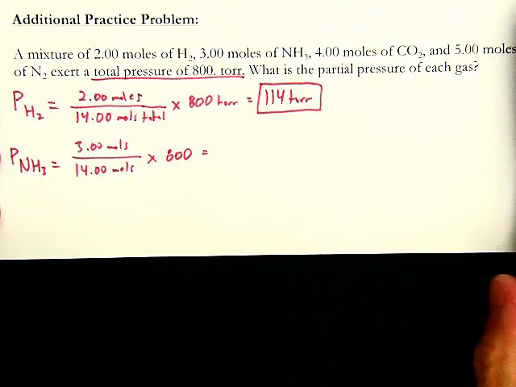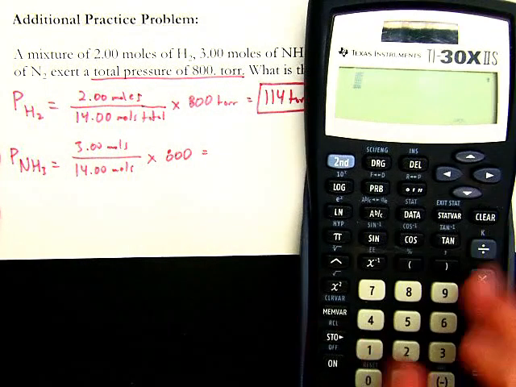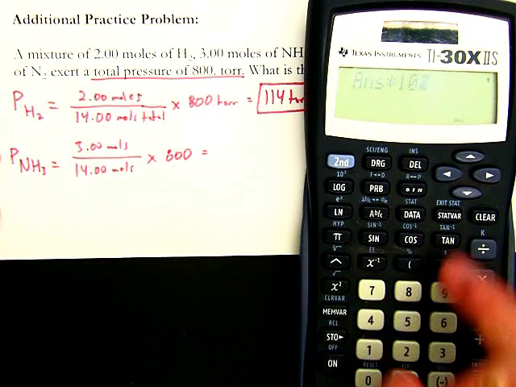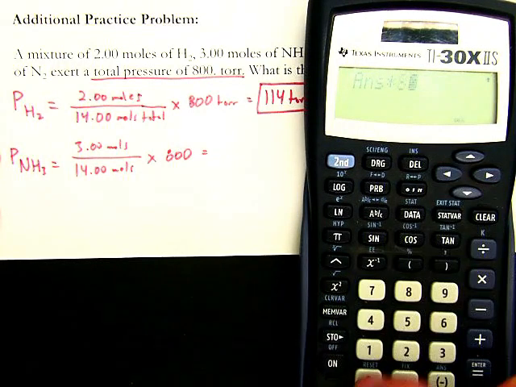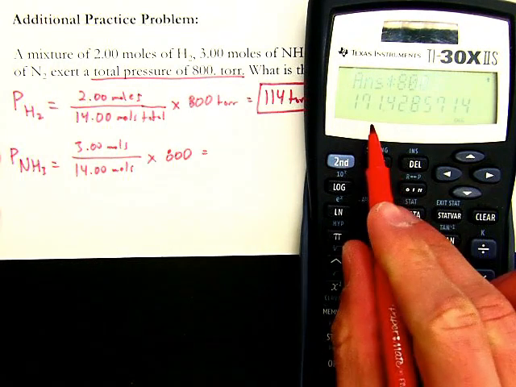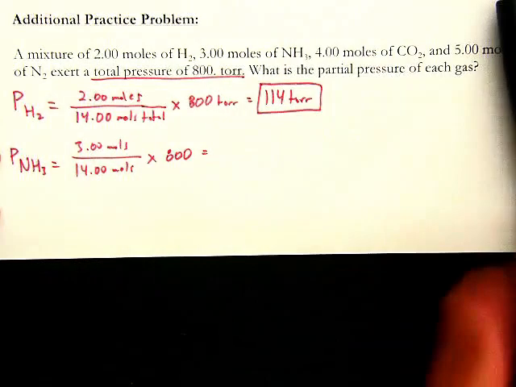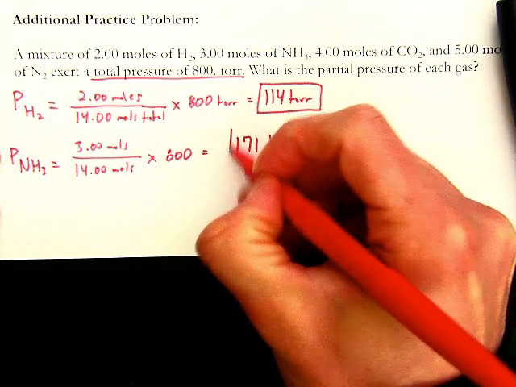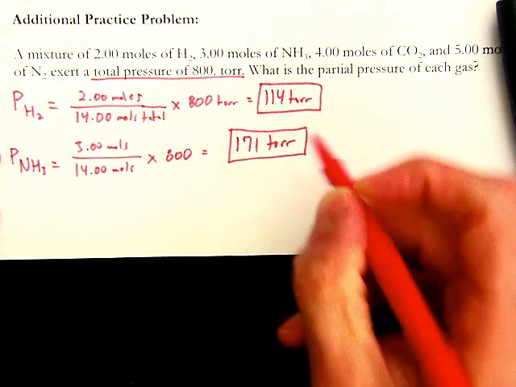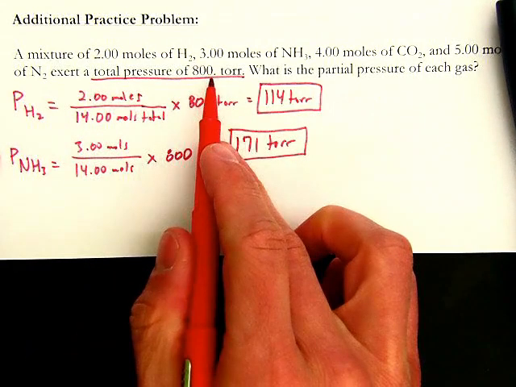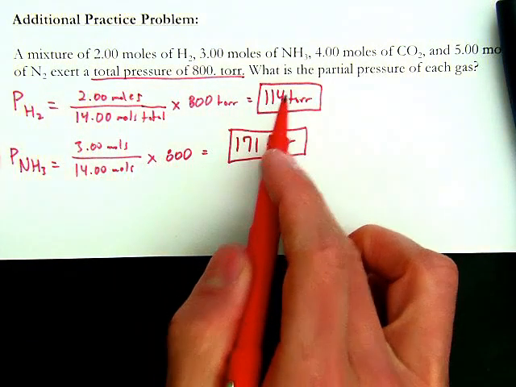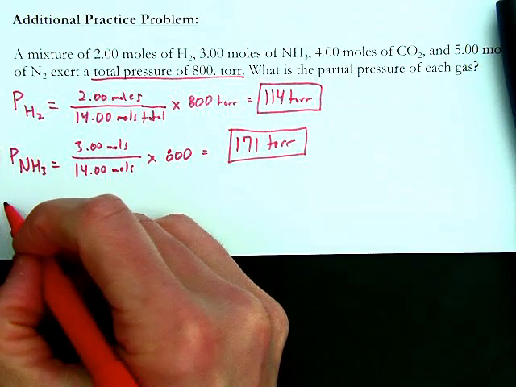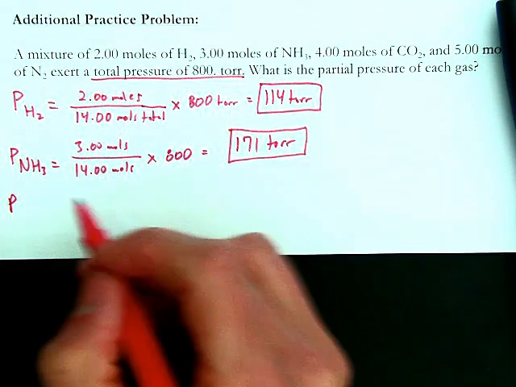So this time, it's going to be 3 divided by 14 times 800, and we get about 171 torr. So of the 800, about 114 comes from hydrogen, about 171 comes from ammonia.